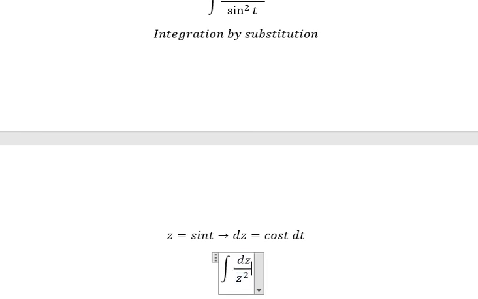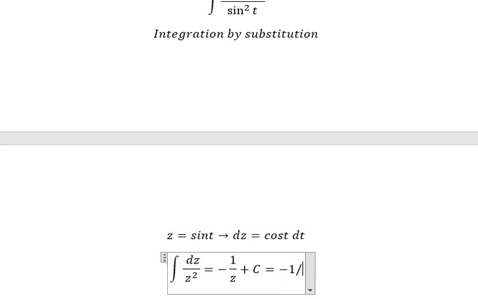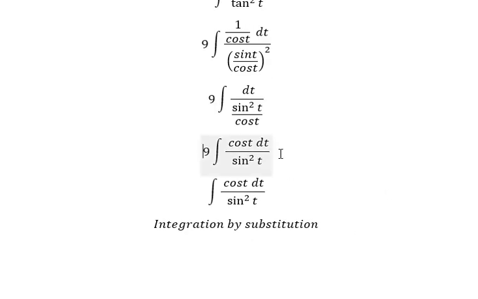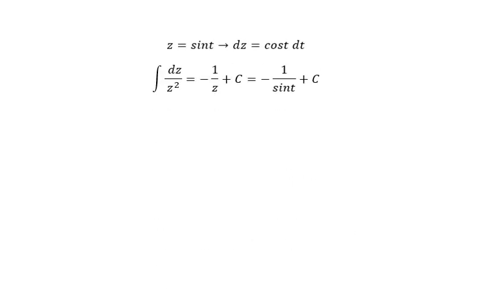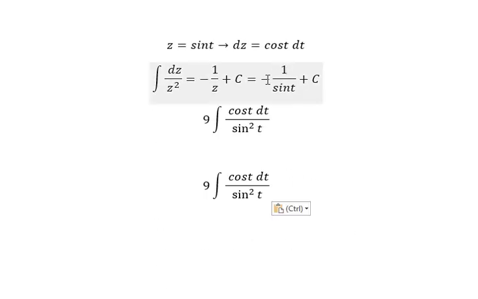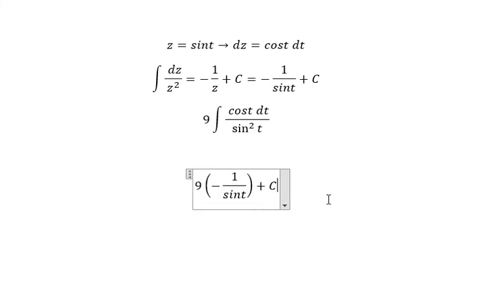The integration of this is negative 1 over z plus c, where z is sin t. So we put negative 1 over sin t in here, and we put c.